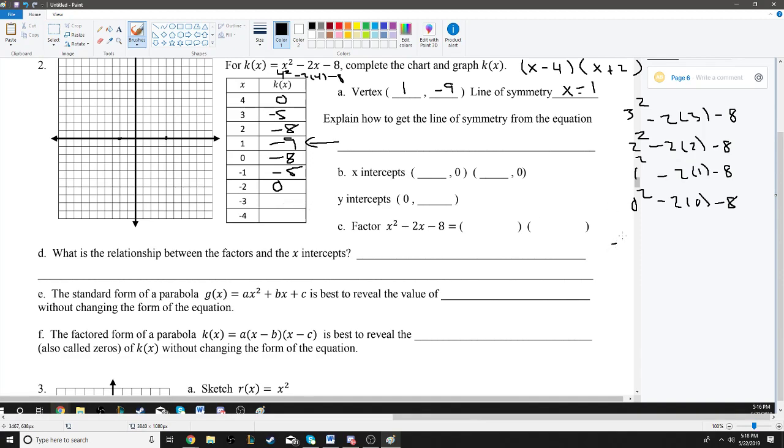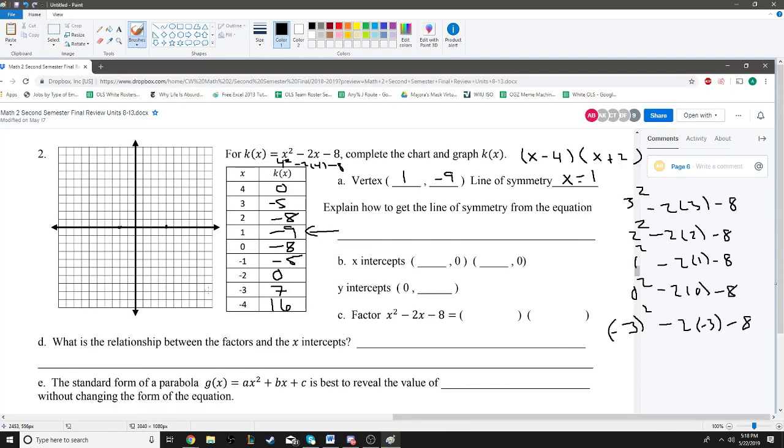If we plug in -3 squared minus 2 times -3 minus 8. That's 9 plus 6 is 15, minus 8 is 7. And I believe the next one's going to be a 16. So let's plot all the points. We've got -1, -1... oh, whoops, that's wrong. That should be -1, -5.